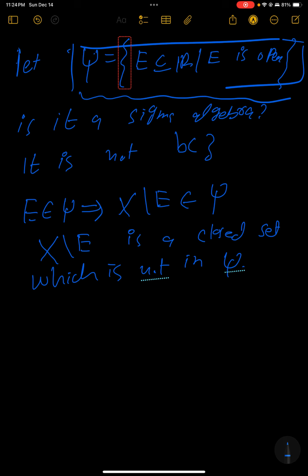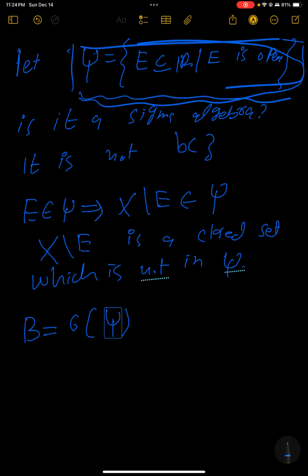How? That is called a Borel set. A Borel set is nothing but this: we construct a sigma algebra on this set, which has the open sets, and then the elements of that sigma algebra will be Borel sets. So if we construct a sigma algebra on this set psi, because if E is open, the complement will also be there, we will include closed sets, open sets, countable unions of closed sets, countable unions of open sets.